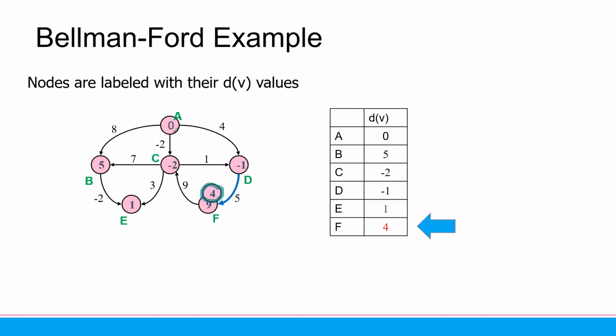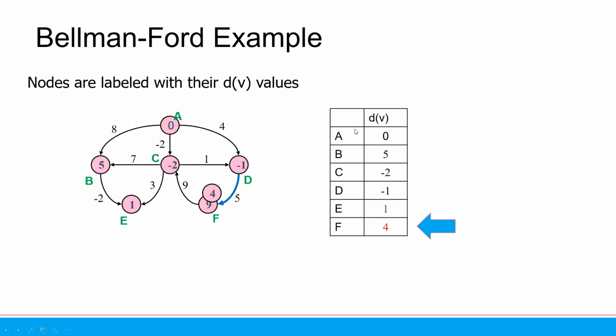So A to B can go from C because we can get the minimum, and then A to D we can go through C, and then if we want to go to F we can go A, C, D, F, and if we want to go to E we can go A, C, E. So F will be the next, and we can get the result based on this one.